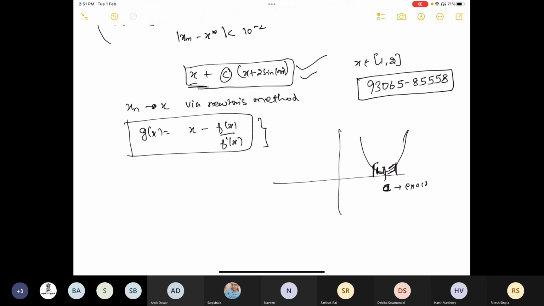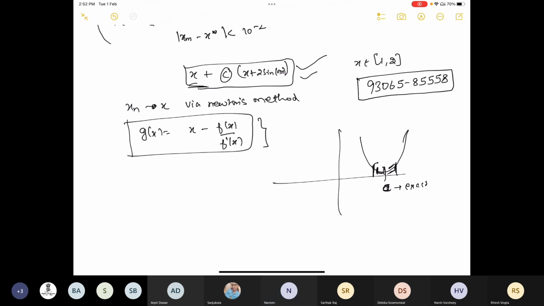You are not bound by anything. So can we show that this sequence is converging to square root 2? Yes, sir.